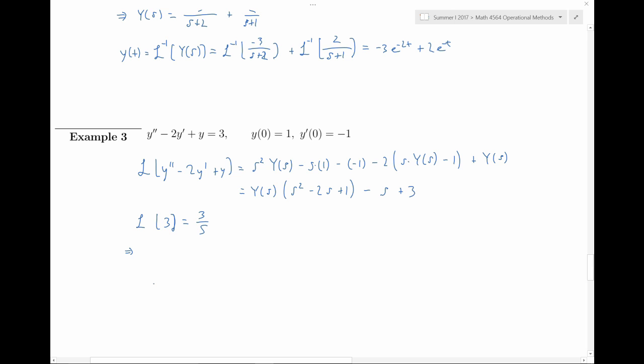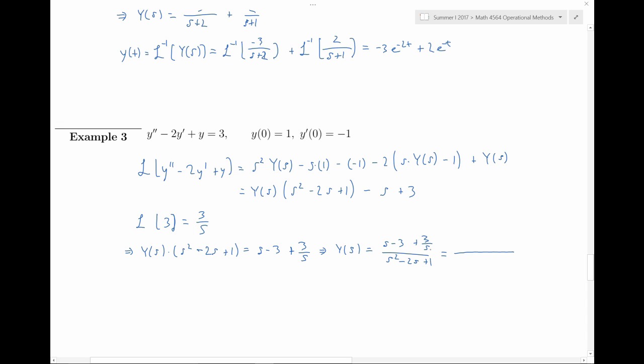Therefore, the transformed equation turns into, which gives us the function Y of s equal s minus 3 plus 3 over s over s squared minus 2s plus 1.